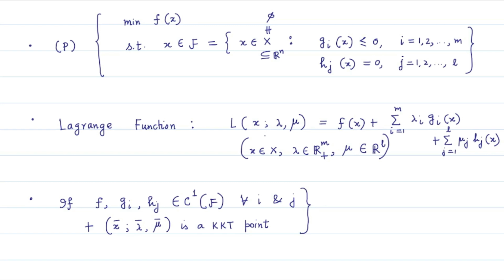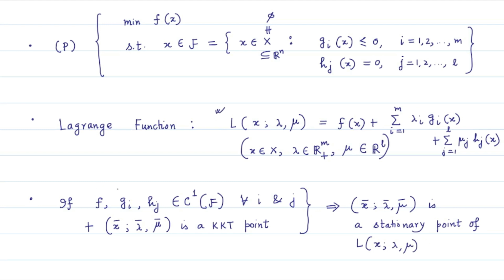You may please relook the lecture note on KKT optimality condition from the previous lecture, and there you will find that given these objective and constraint functions are continuously differentiable in the constraint set and this point x bar is a KKT point, then we can show that the point x bar together with this lambda bar and mu bar is a stationary point of this Lagrange function L(x, lambda, mu), the function that I have defined over here.